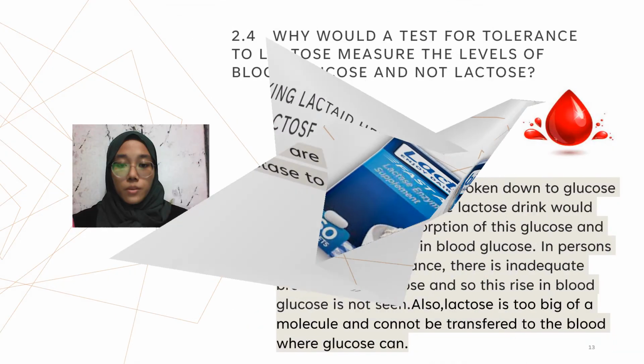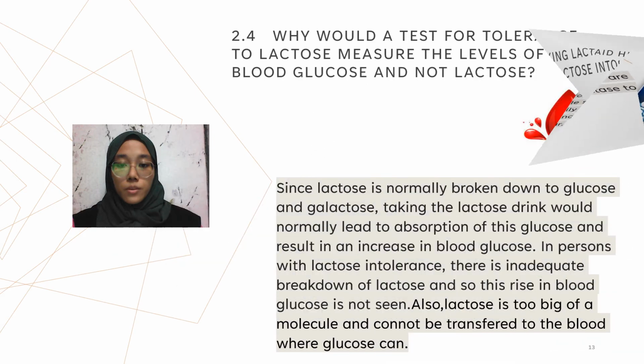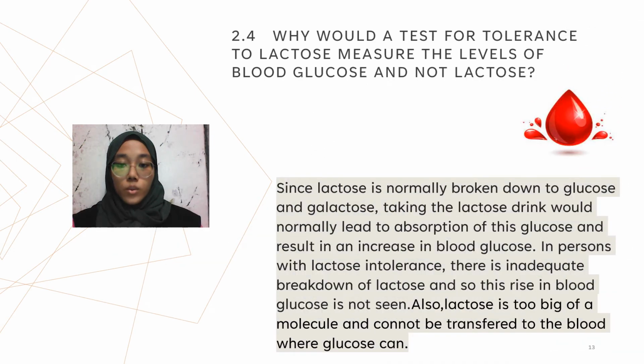Question number 4. Why would a test for tolerance to lactose measure the levels of blood glucose and not lactose? The answer is, since lactose is normally broken down to glucose and galactose, taking the lactose drink would normally lead to absorption of this glucose and result in an increase in blood glucose.